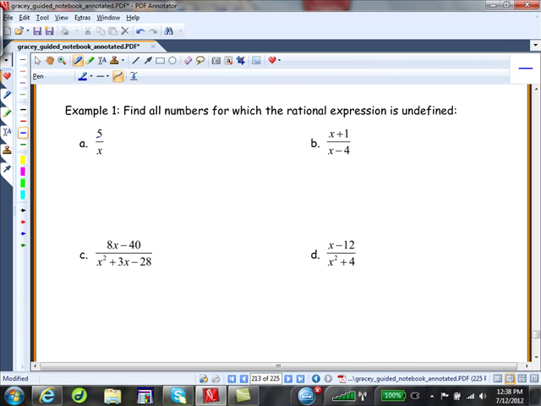So what number would make this an undefined rational expression? What do you think? What is not okay in the denominator? Good, this one's pretty easy because it just has x. So x equals 0 makes 5 over x undefined.